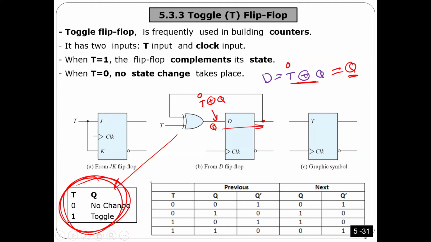Same thing here. When T is equal to 1, I will get here Q prime. Whatever Q is, if it is 1, this one becomes 0. If it is 0, this one becomes 1. Okay, and then because this is a D flip-flop, this is the new value I will get.